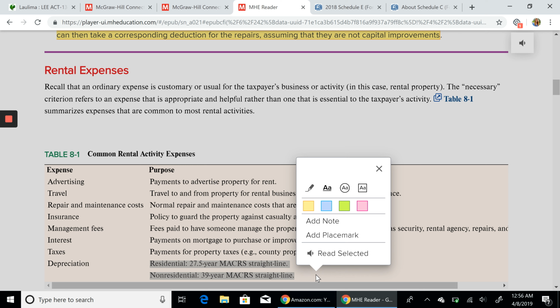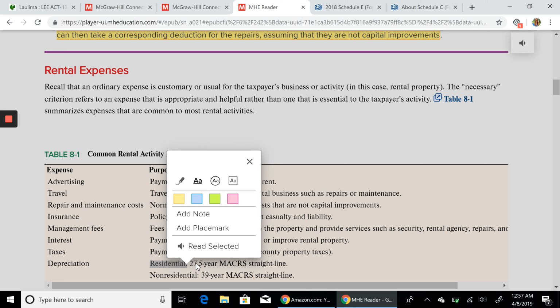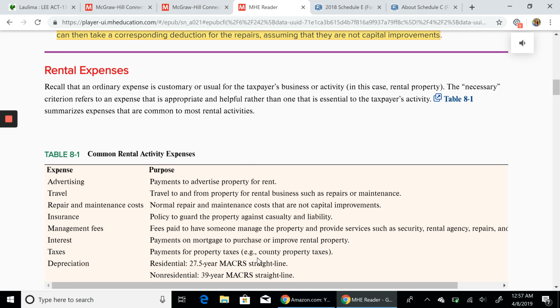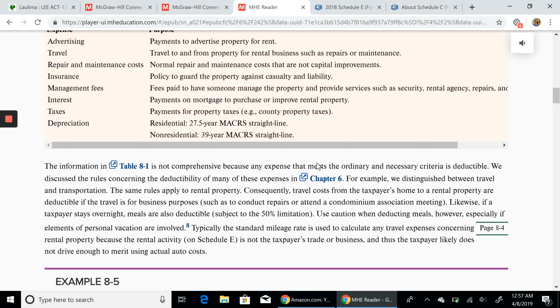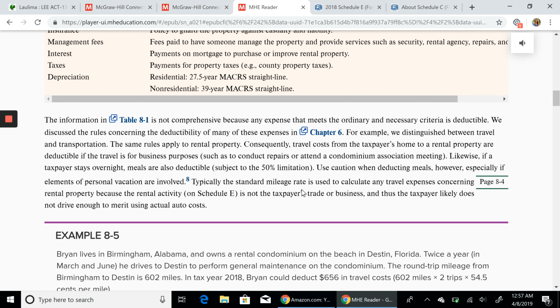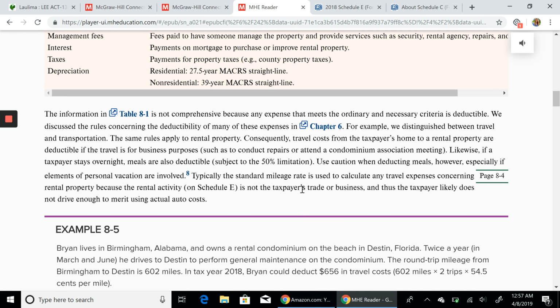So with rental properties in particular, if it is in a residential area, the house is depreciated over 27.5 years, according to this method. If it's commercial, it's over 39 years, according to this method. They all use the straight line method. And as it says here, any expense that is necessary is really deductible. It's not so much limited to that.